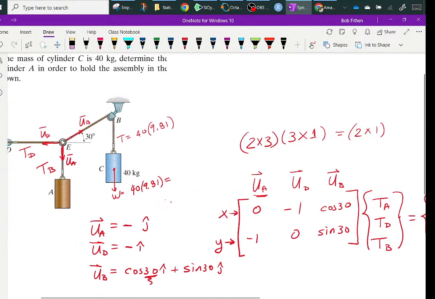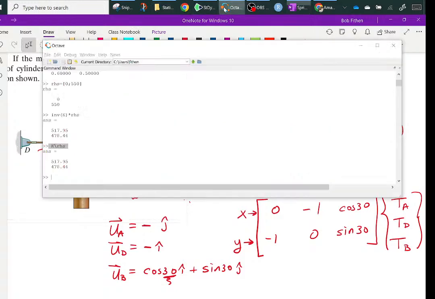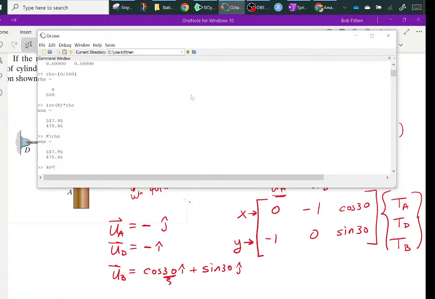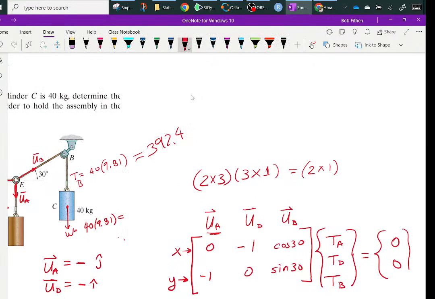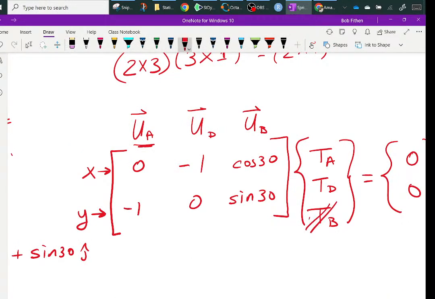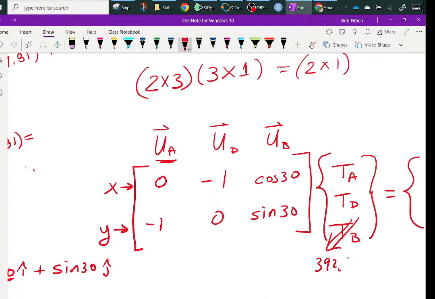But actually I don't, because I know the tension in B. It is 40 times 9.81, which is 392.4. Since I know it, I can just strike it there. I haven't messed up yet, have I?